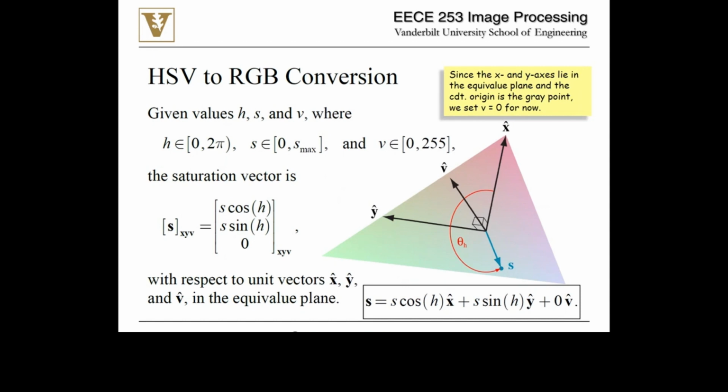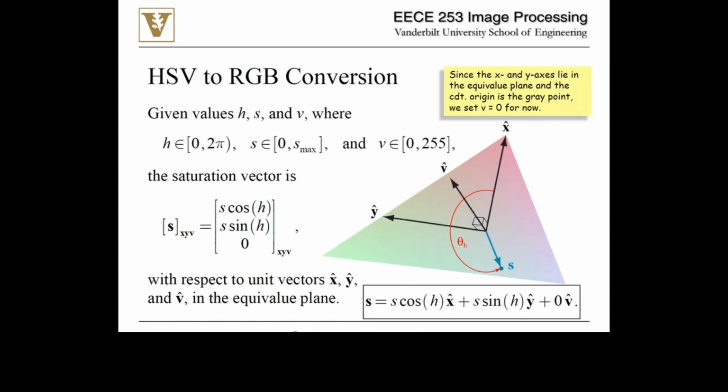And then I am within the plane, so I don't have to go out. I have 0 times v. But this is in the x, y, v coordinate system. But the vector I want is not in the x, y, v coordinate system. I want this vector, but now in the RGB coordinate system.